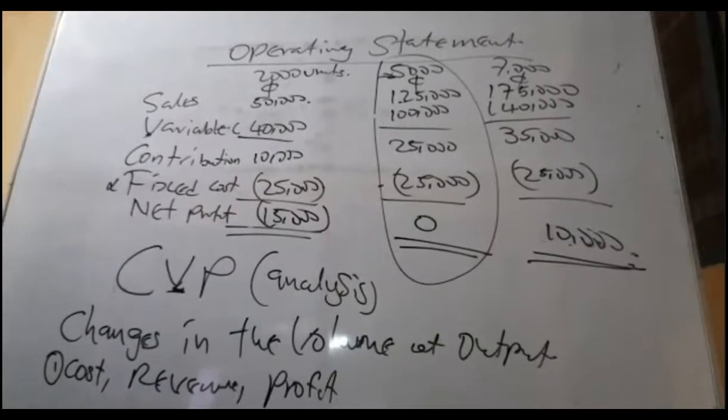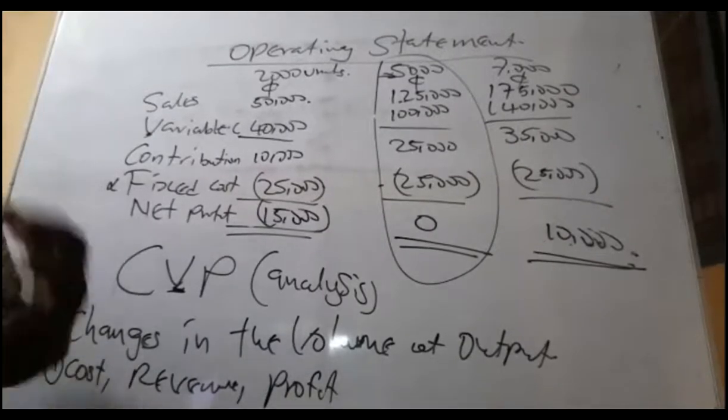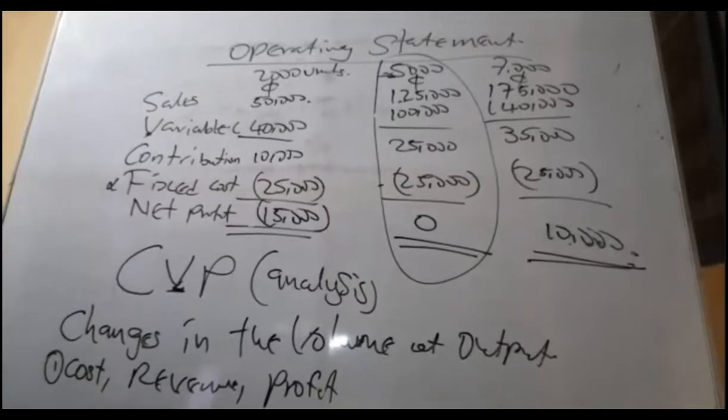Production is equal to sales, and therefore the company keeps no or little inventory. So that's the first assumption. The company keeps no or little inventory, or production is equal to sales. No closing inventory.